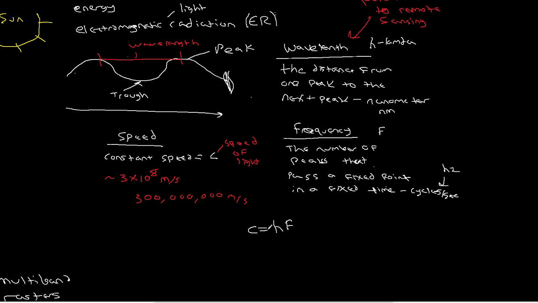If we rearrange this equation to solve for frequency, we isolate frequency and divide both sides by wavelength: f equals c over lambda.